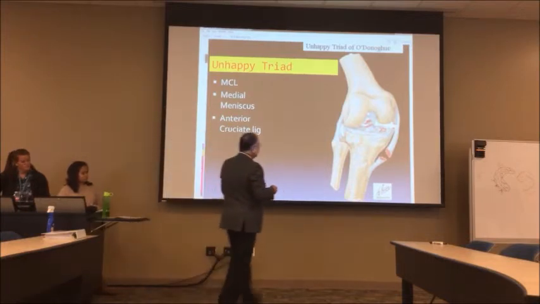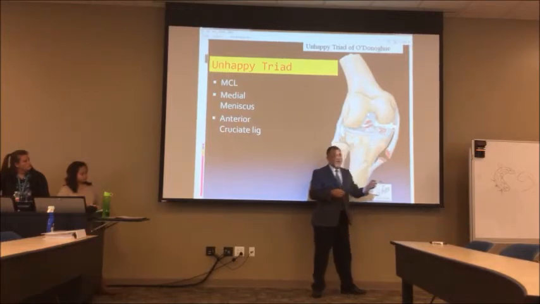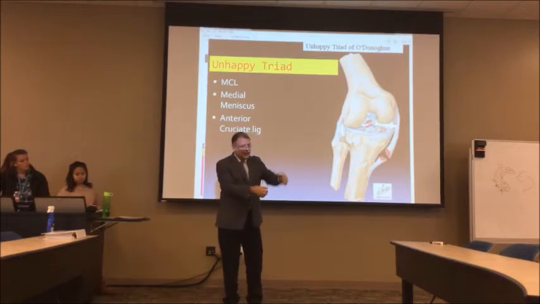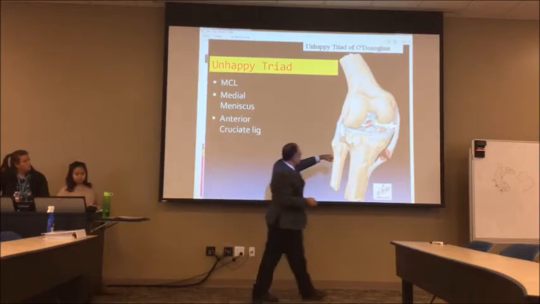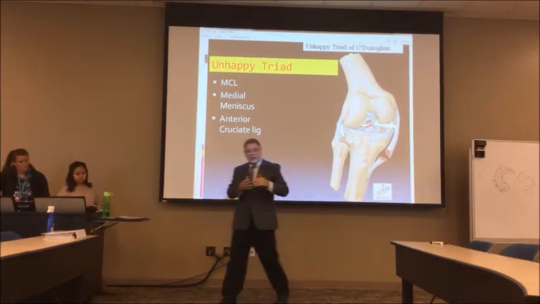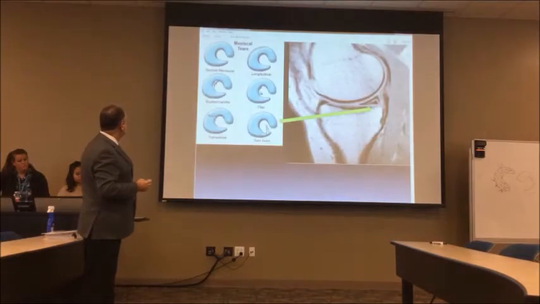And just to take advantage of looking at this image of the meniscus, this is a bucket handle tear, because it resembles the handle of a bucket that you hold; that's how it tears. It can buckle and give you some sort of obstruction, a blockage of movement.